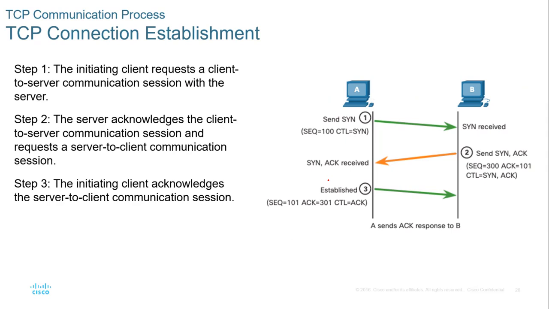So, TCP connection establishment. For the two devices, the source and destination, to communicate under TCP, they have to establish the connection, and there are 3 steps. Step 1: the sending device has to initiate the client-to-server request to start the session. Then the server acknowledges the client-server communication session.